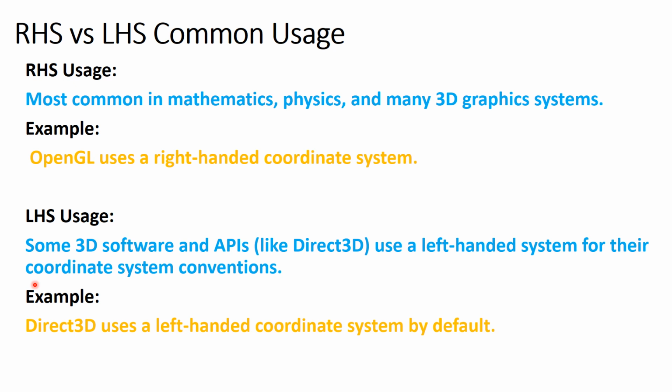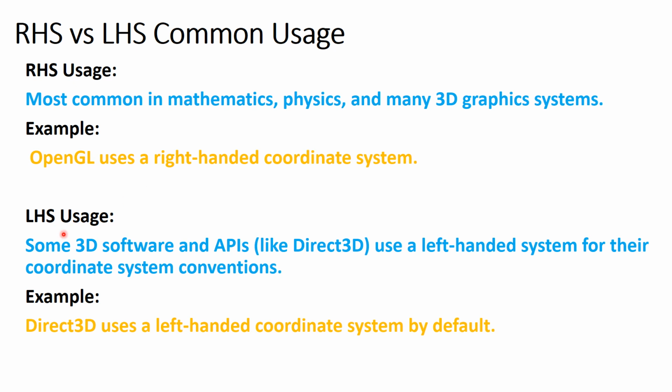RHS versus LHS common usage. RHS is used in mathematics, physics, and many 3D graphic systems. Some of the graphic systems that utilize RHS are OpenGL. It uses a right-handed coordinate system.